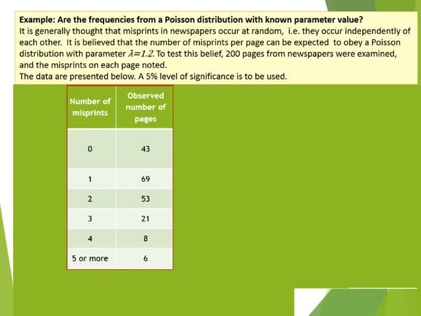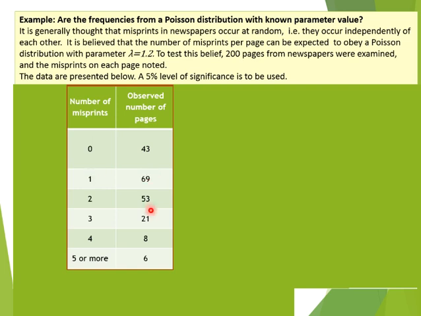A one-way frequency table, which can be arranged as columns or as rows. What does this tell us? There were 200 pages examined. In 43 cases, there were no misprints on the page. On 69 pages, there was 1 misprint.